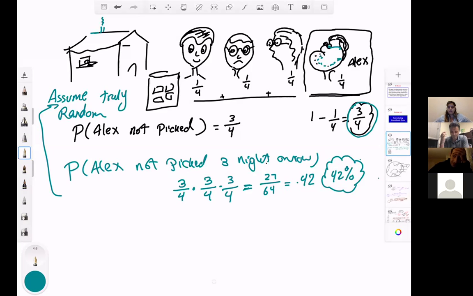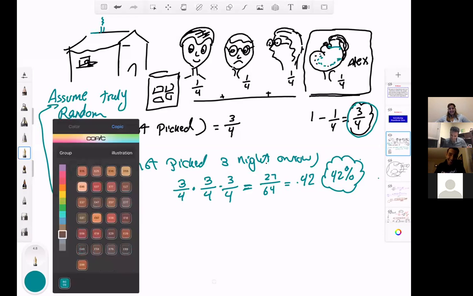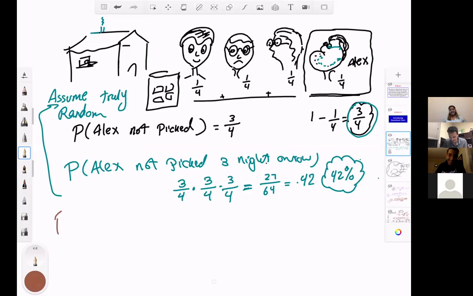Okay, yeah, 3 nights. What about if it's 12 nights? If 12 nights in a row, he didn't get picked. You think that's something fishy? Yeah, something is fishy. But let's say Alex was not picked for 12 nights in a row.